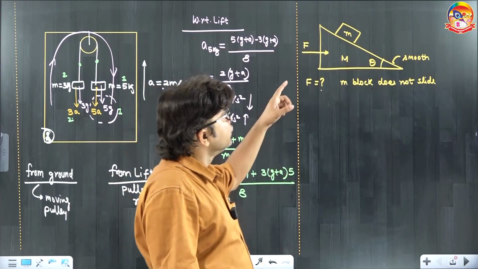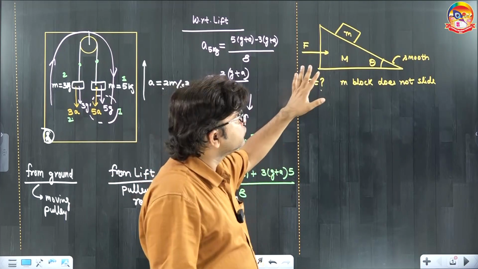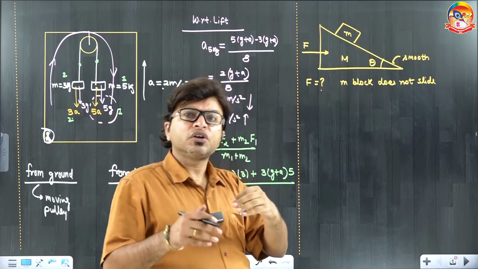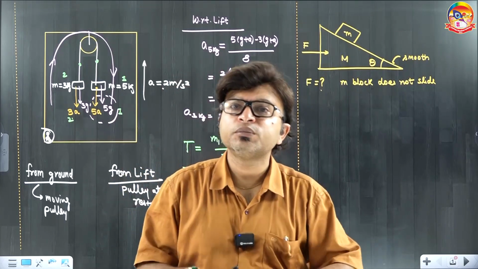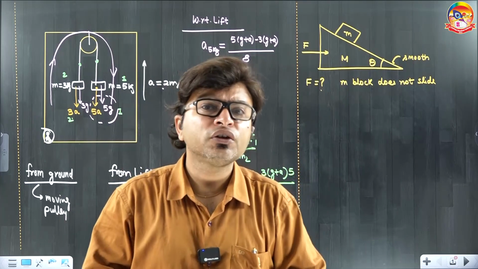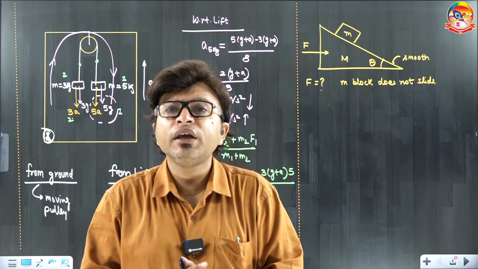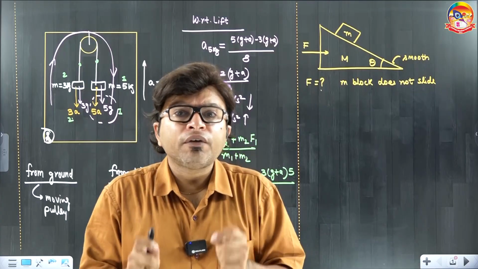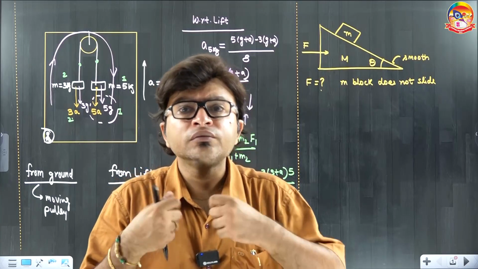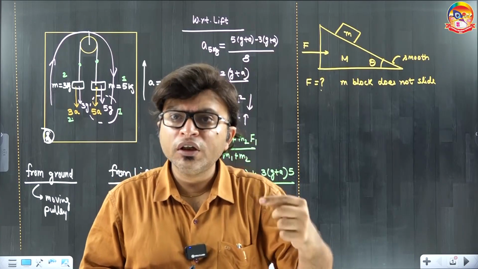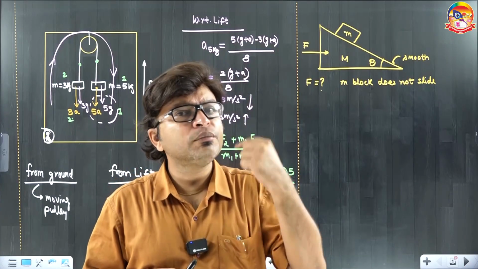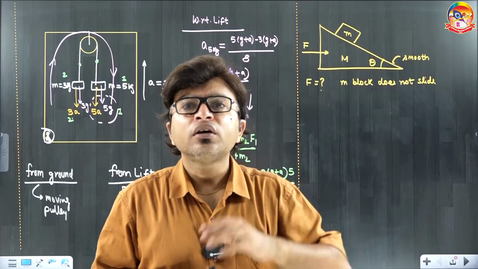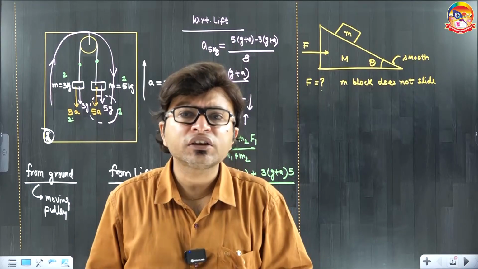Obviously, when we are trying to observe the motion, there are two different kinds of frame. We will always try to identify which frame I have to deal with. Am I seeing the motion from the ground, or from a different frame, which is an accelerated frame?